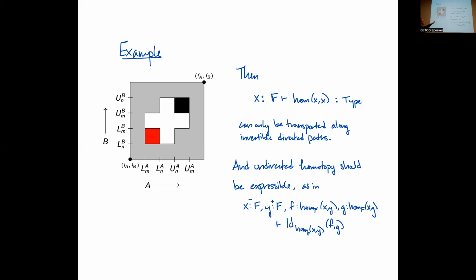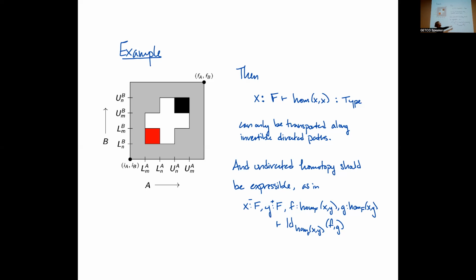And we also want to be able to express undirected homotopy. For example, in this kind of stuff, we're always interested in looking at maybe two directed paths, say from the initial state to the final state, and wondering to what extent they themselves are homotopic in an undirected way.